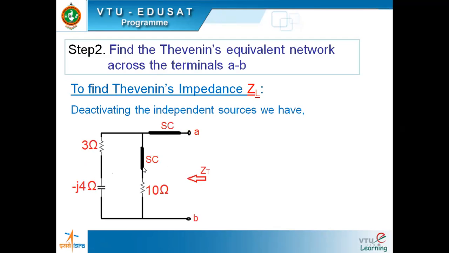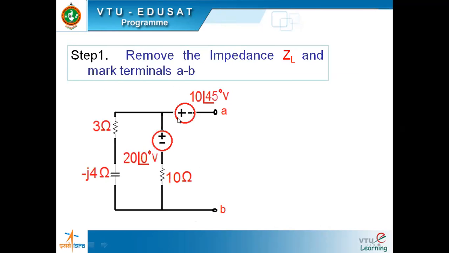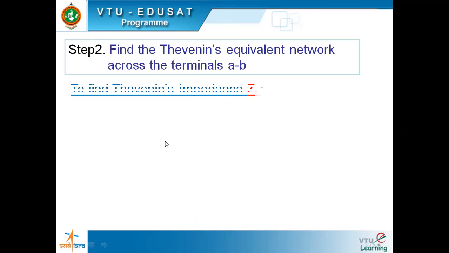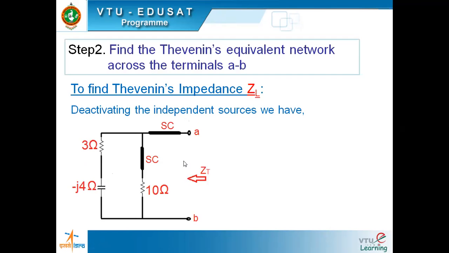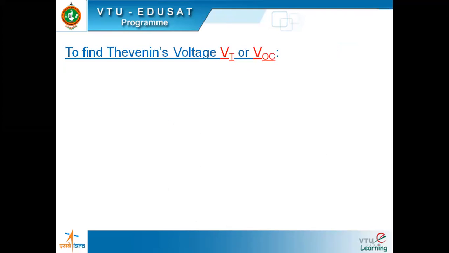There were two voltage sources; we have deactivated them, shorted, to find out ZT. So it is 3 minus J4 in parallel with 10 ohms. You will get your ZT to be this. This is the real part, this is the imaginary part. Remember. Now let's find out VOC.